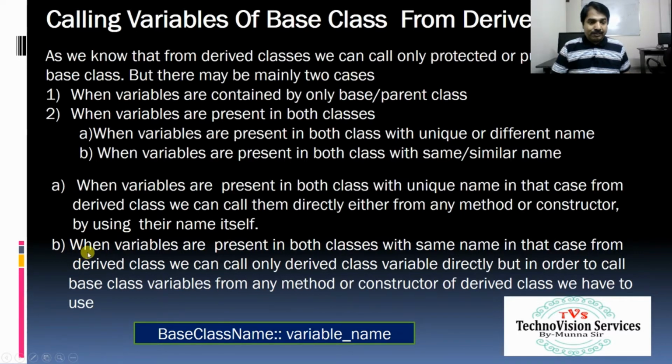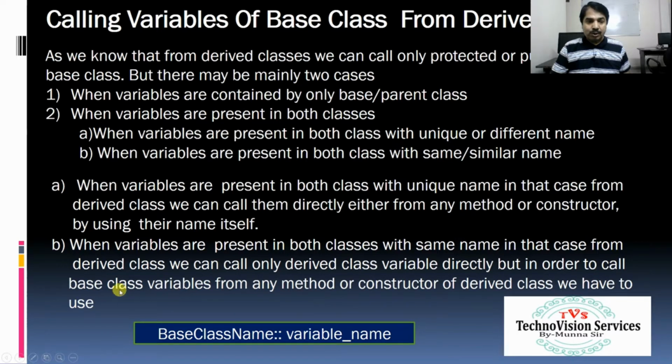The second situation may be when variables are present in both classes with same name. First case we have seen, when variables are present in parent and child class with different names, then we can call them directly. But second case is when variables are present in both classes with same name. In that case, from derived class we can call only derived class variable directly.